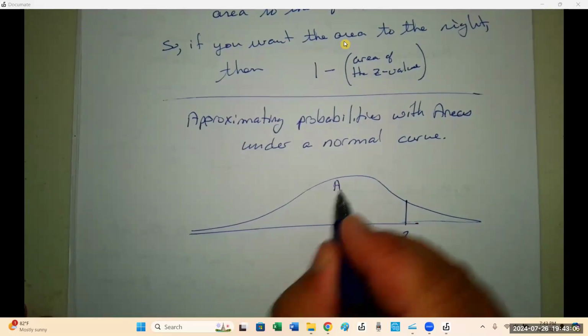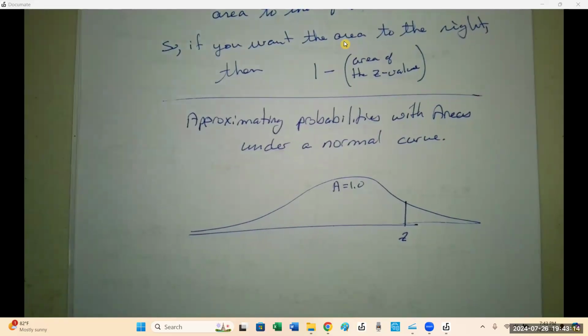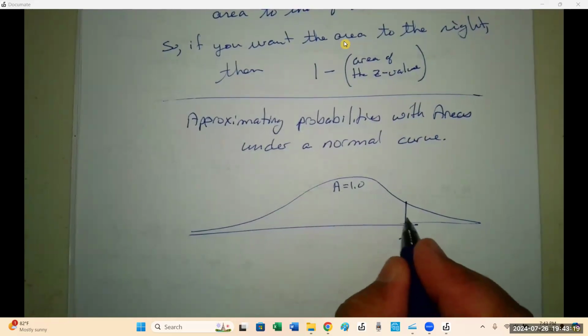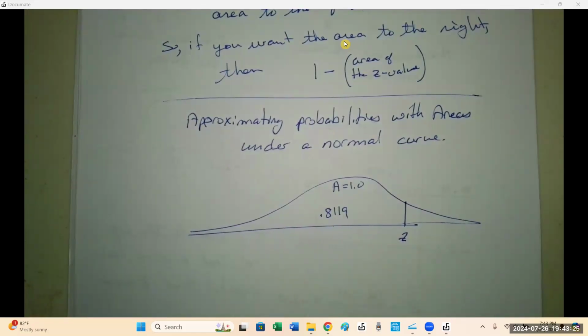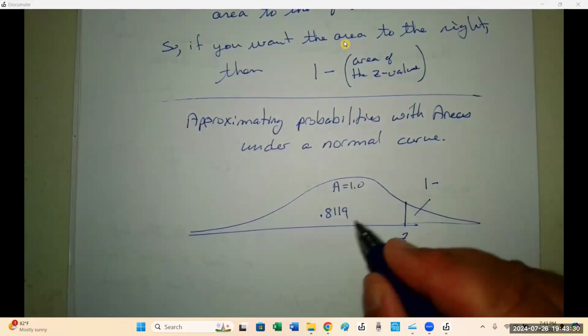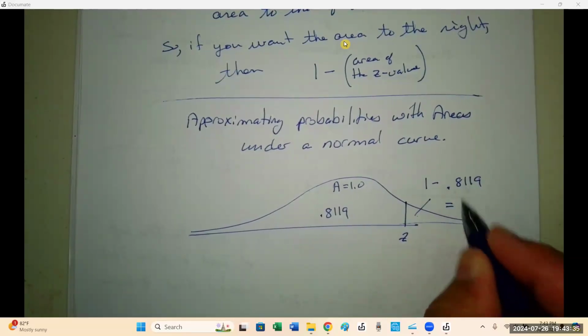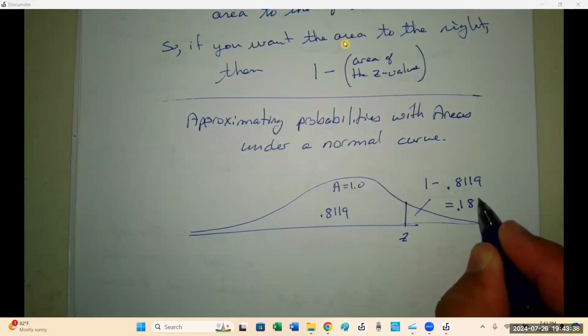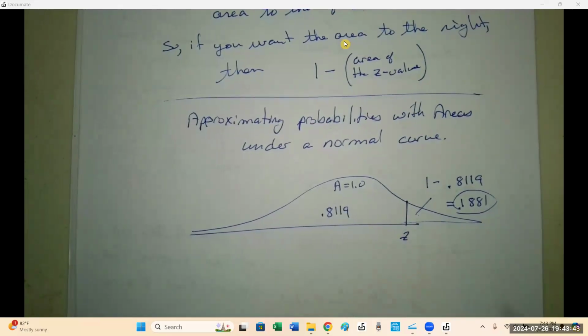Remember, the whole area under this curve has to be 1.0. All right, so let's say that this z value gave us the area to the left of 0.8119. To find this area, take 1 minus 0.8119, and that'll give you 0.1881. That is the area to the right of it.